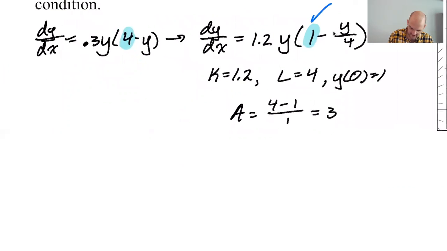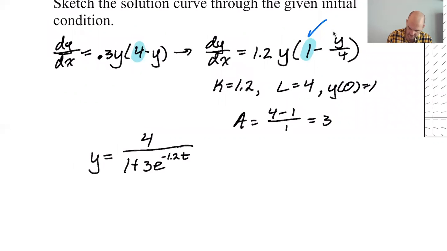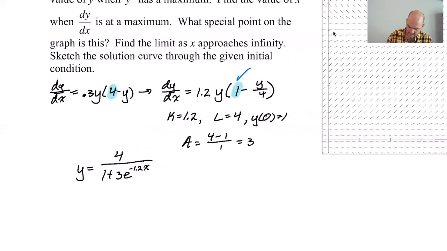But so our solution is L over 1 plus A e to the negative kt, which is 4 over 1 plus 3e to the negative 1.2t. Oh, well, x is what I should use because it's dy/dx. So x. There we go. So this is our solution. Let's highlight that.